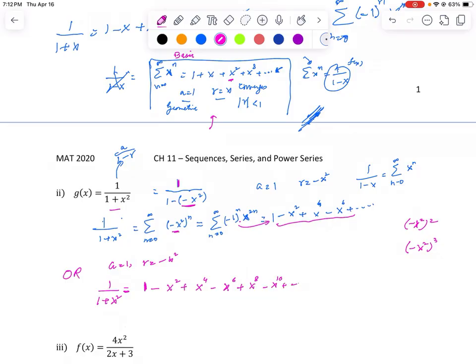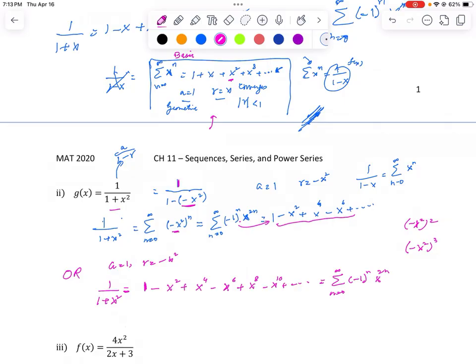Now we can write this in closed form as the summation from n equal to 0 to infinity of negative 1 raised to the power n times x to the 2n. Whichever way is easier for you, you can do that.